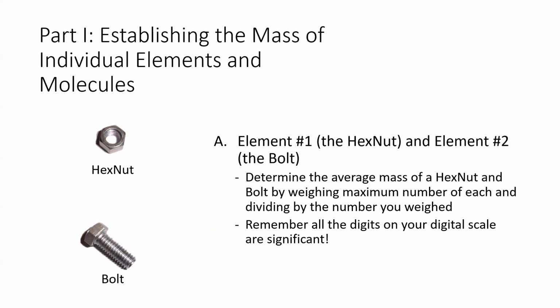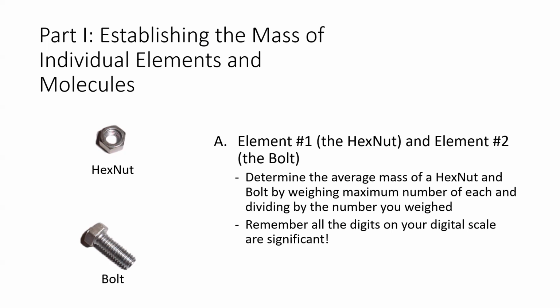So for example, you could imagine the bolt might be oxygen and the hex nut might be hydrogen, or representing hydrogens. So that's the idea. They're representing sort of theoretical elements. Element number 1 is going to be the hex nut, and element number 2 will be the bolt. And part A wants us to determine the average mass of a single hex nut and a single bolt.